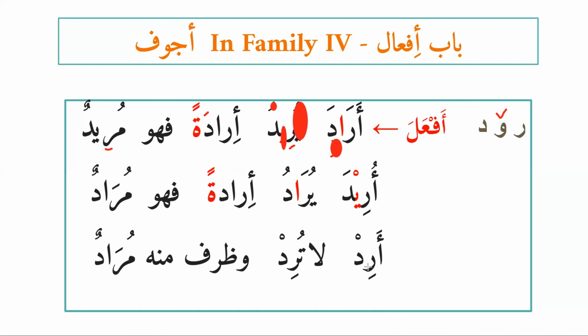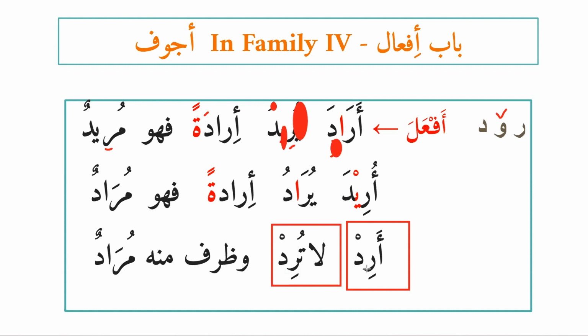Yeah, and this thing, when the vowel drops in majzoom form, it happens in fe'l amr and fe'l nahi, and the vowel also drops in majzoom, present tense lightest form.